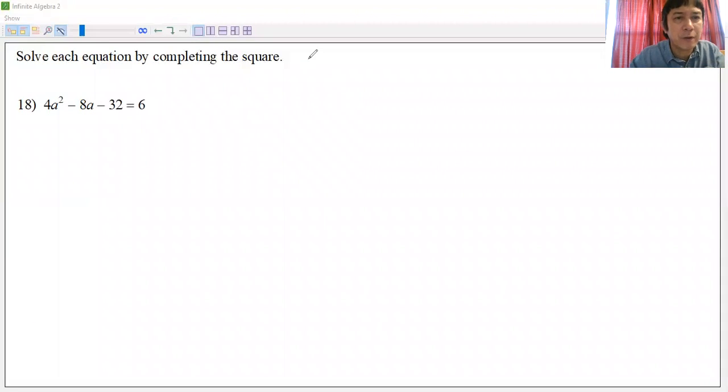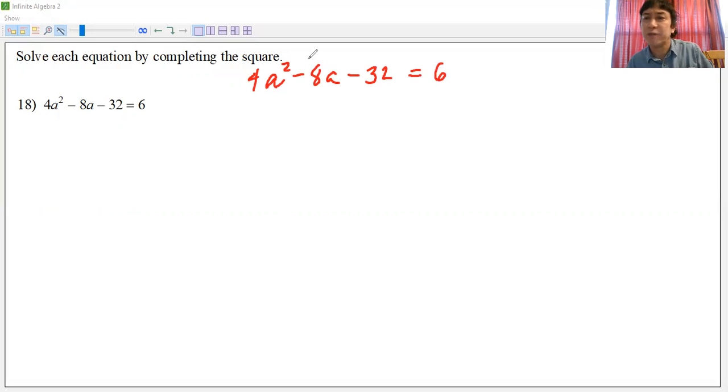This is now solved by completing the square. You have 4a squared minus 8a minus 32 equals 6. I can see all even numbers, and we can make the numbers smaller.